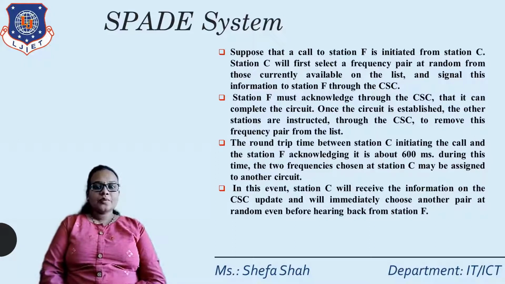The round trip between station C initiating the call and station F acknowledging is about 600 milliseconds. During this time, the two frequencies chosen at station C may be assigned to another circuit. In this event, station C will receive the information in the CSC update and will immediately choose another pair at random, even before hearing back from station F.